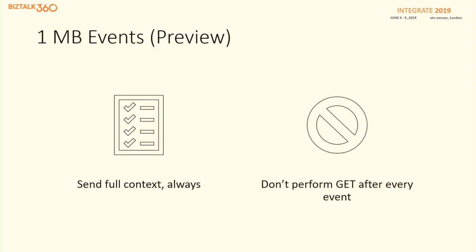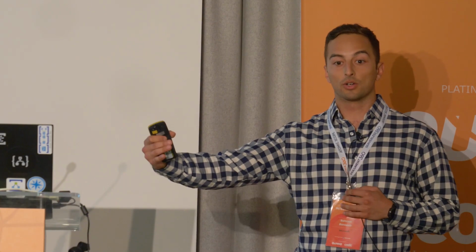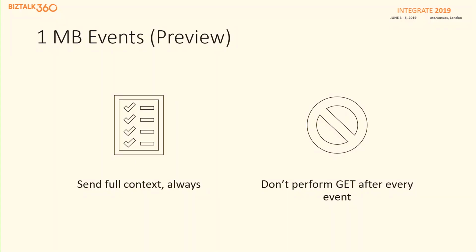So when you are sending an event and you are building a pattern in Event Grid where every event you're getting, the first thing you do is a GET request on whatever resource originated the event or whatever resource it's notifying you about to get more context, that is a broken pattern. You should be sending enough context for the event handler to actually begin processing or at least make a decision about what it wants to do.